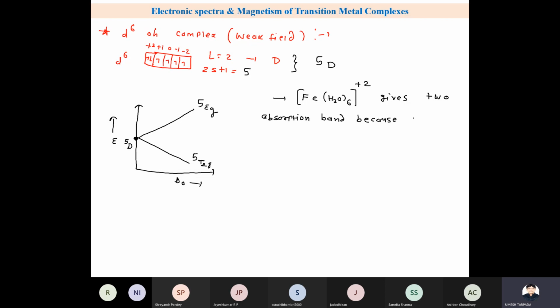It shows two absorption bands due to Jahn-Teller distortion. So it's a d6 system.